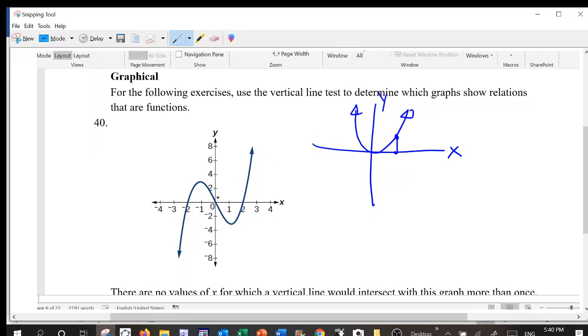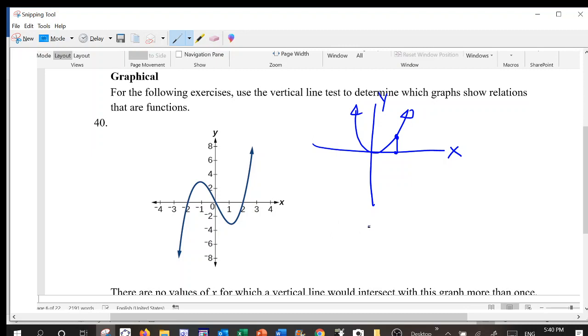Now, what about this function here? Well, this function as well. How can we know that? Well, we have to check every x, right? But instead, can we just scan this with a vertical line, and if the graph crosses the vertical line more than once, then it is not a function.